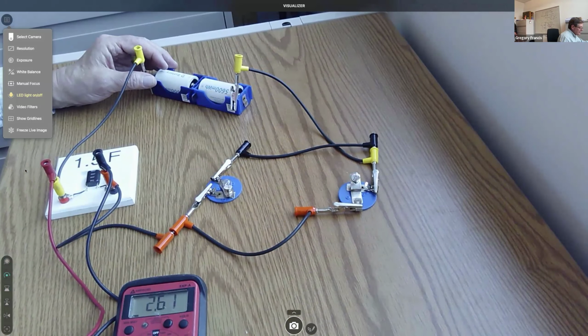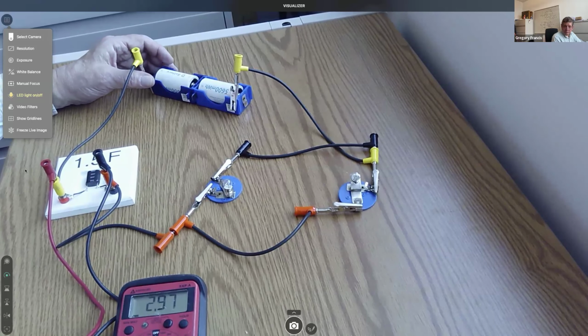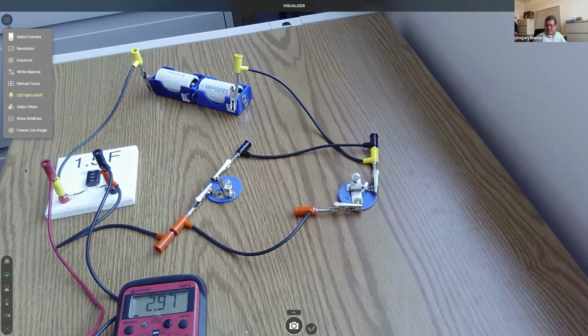And looky here, that voltage across the capacitor is going up to the battery voltage like gangbusters. It's done. Whereas when we had the two bulbs in series, it took a long time. It was just poking and poking and poking. It just zipped right along. That's important, folks. Hold on to that thought.